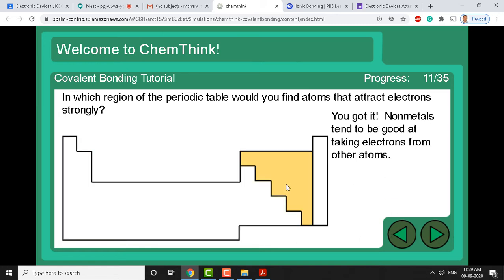Let us see whether non-metals form a covalent bond or not. If you look at this region of the periodic table, the non-metals reside here. Non-metals tend to be good at taking electrons from other atoms. Therefore, these are responsible for the formation of the covalent bond.